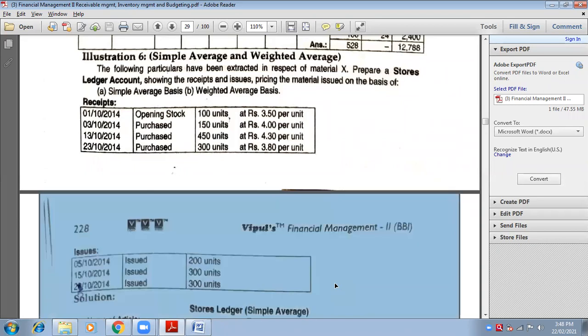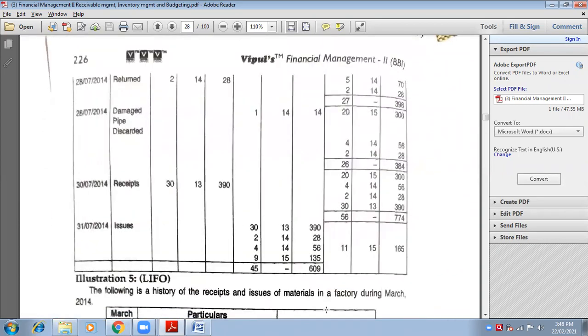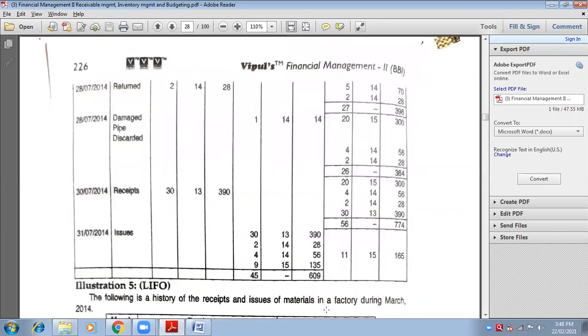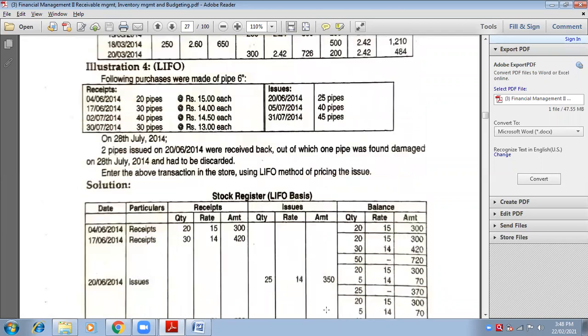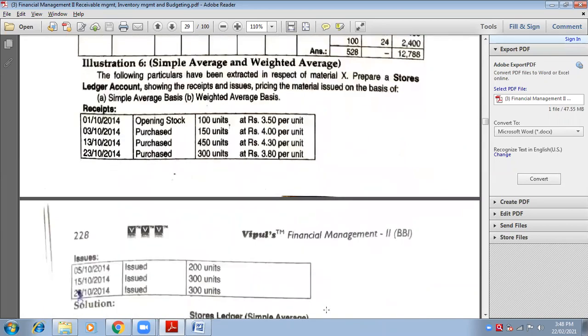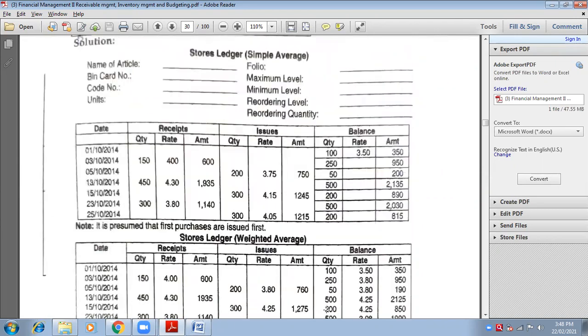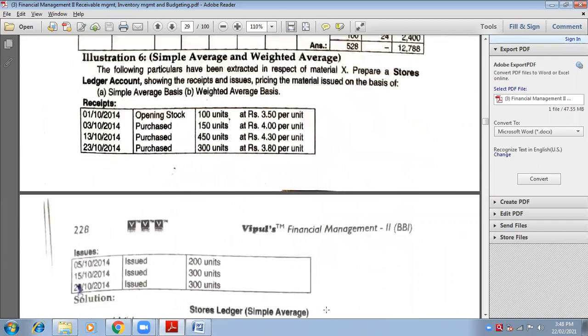No, 25th. 25th October. Okay. So tell me now, according to this, which date comes next? 5.